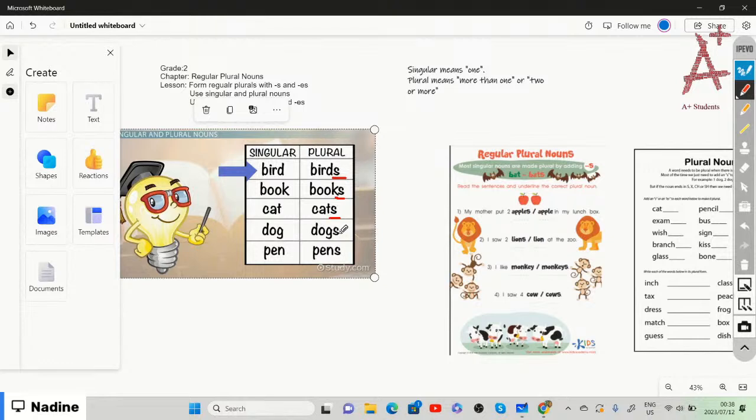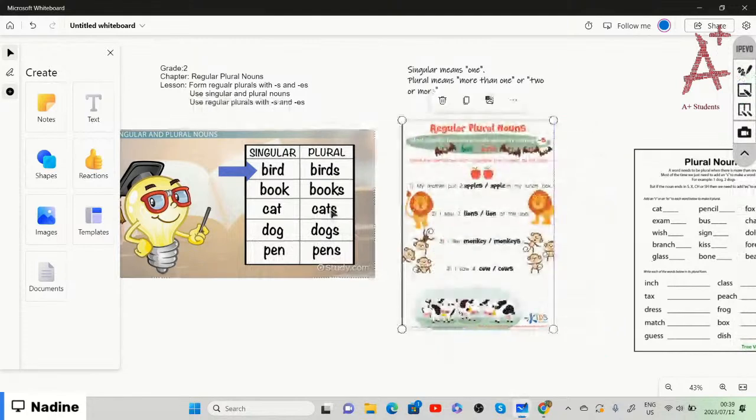Once we make mention of it being plural, right, then we say dogs. We add the S, meaning it's more than one dog. Two dogs, three dogs, these dogs, those dogs, many dogs. One pen, a pen, this pen, that pen. If we refer to more than one, we can either say two pens, these pens, those pens, or many pens, and we add the S, right?